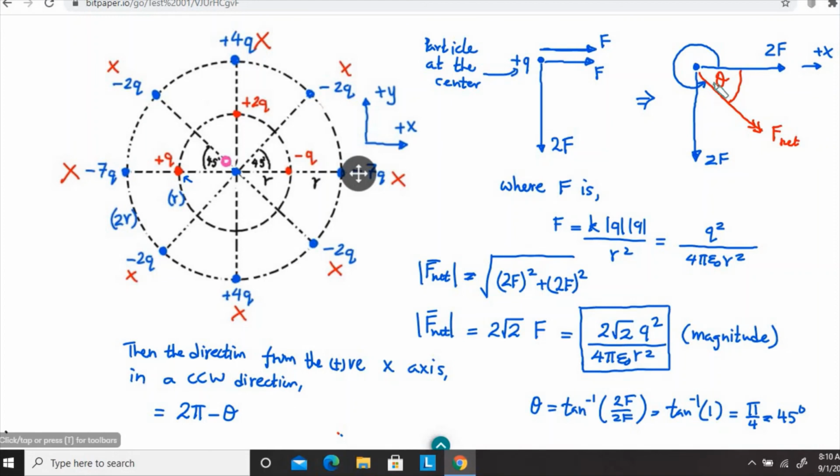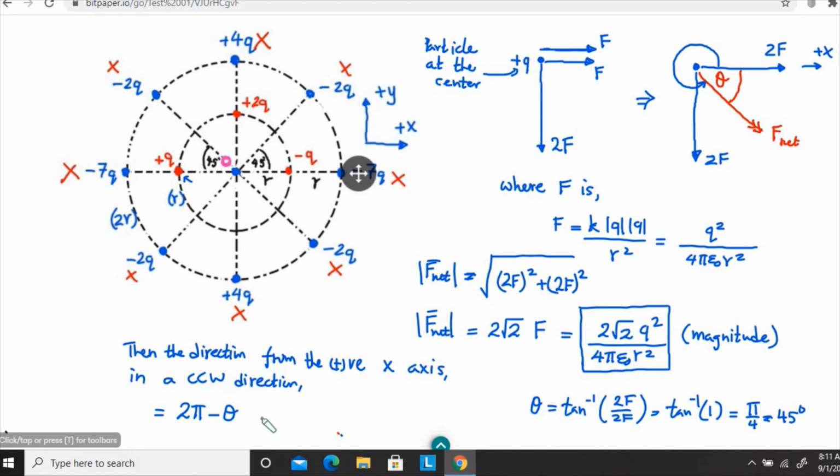So the net force should go along an angle bisector. It should bisect the angle between the two original forces. The angle between the two original forces is 90 degrees. Bisecting means it goes like 45 degrees with each force.